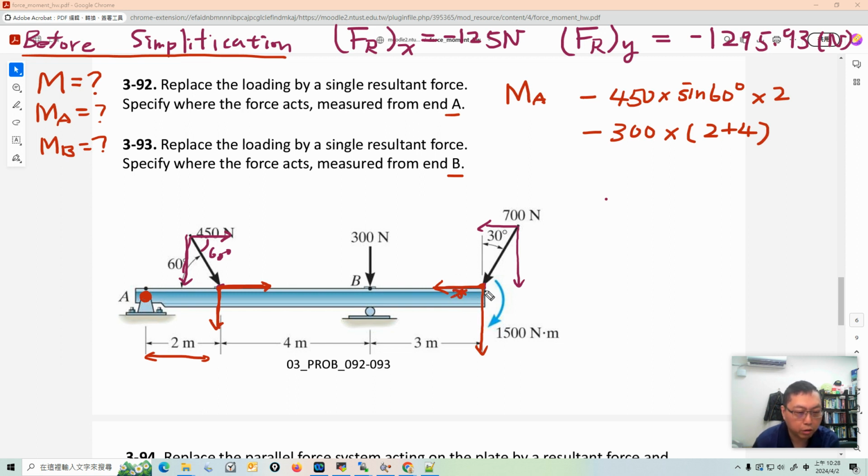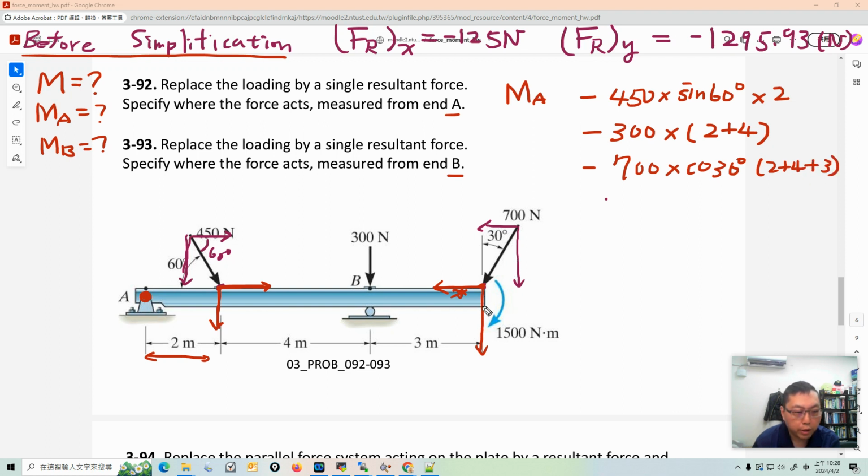We only consider the vertical component, which is 700 times cosine 30 degrees. It points down with the reference point here, so it also creates a clockwise rotation, so it's negative, and its lever arm is 2 plus 4 plus 3.